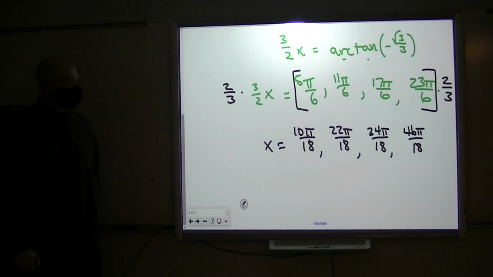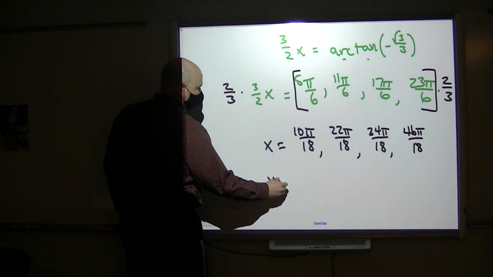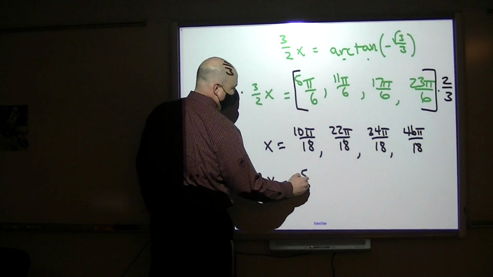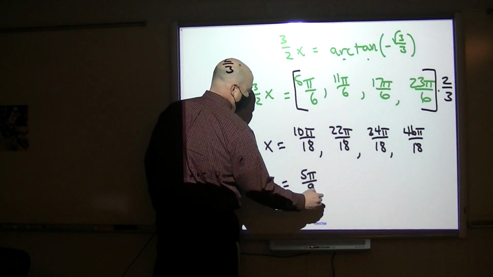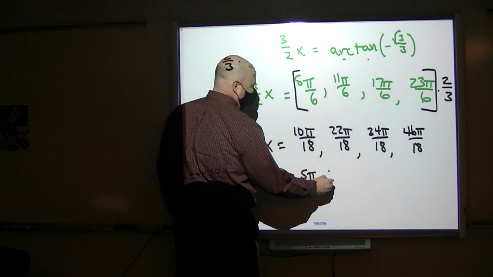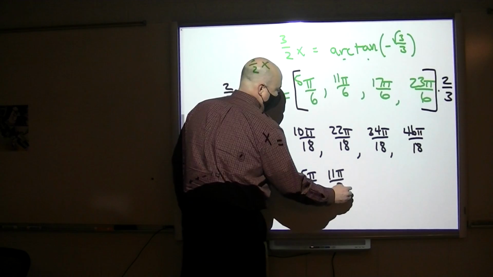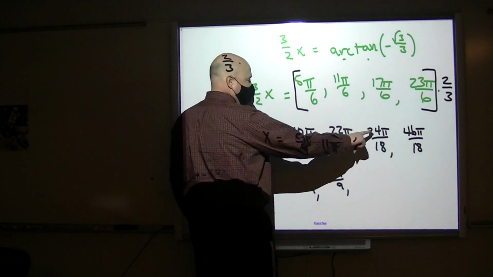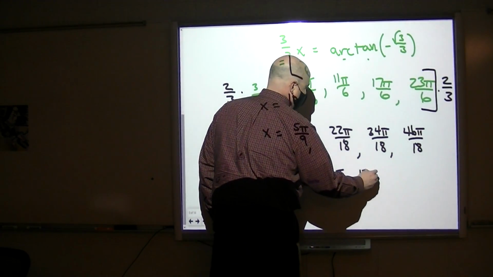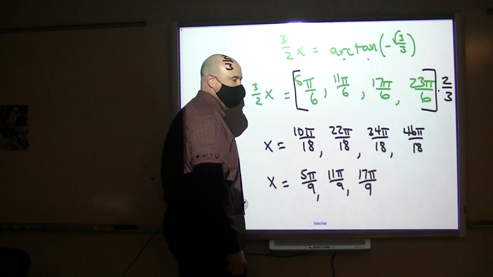Now, which of these do I get to include? Well, that's 5 pi over 9. That's definitely less than 2 pi. That's 11 pi over 9. That's still less than 2 pi. That's 17 pi over 9. We're getting close.